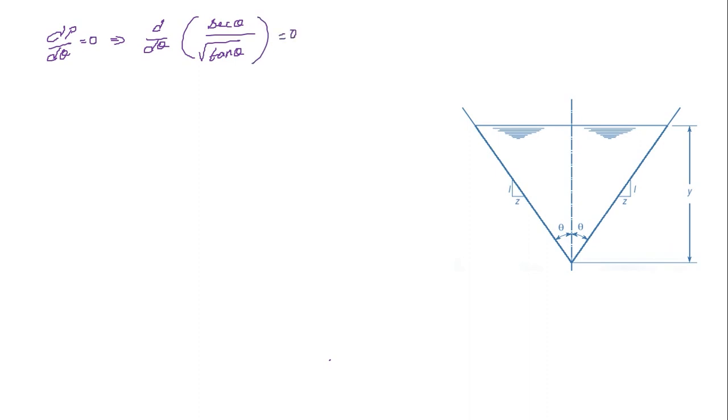So this equation has become secant theta tan theta into root over tan theta, that is u dash into v, minus what else, secant theta divided by root over tan theta into 2 into secant square theta.